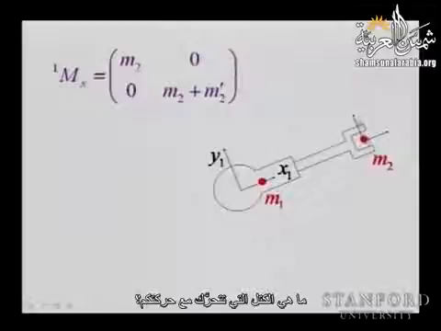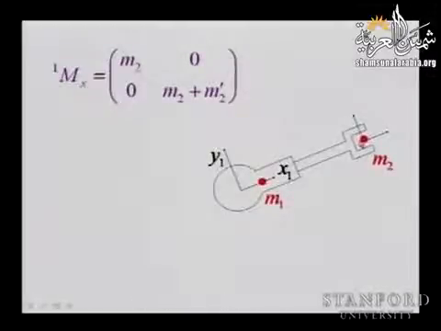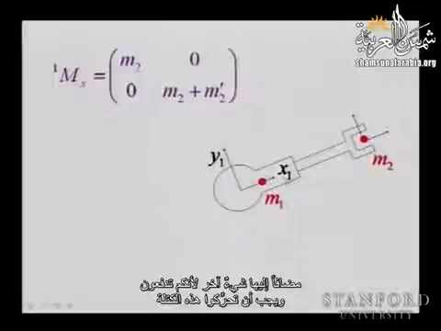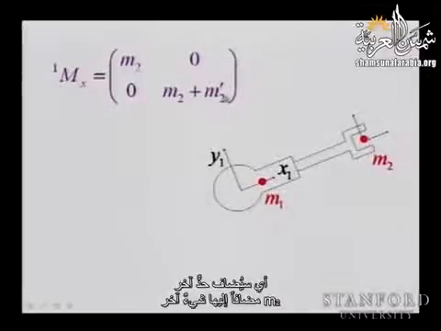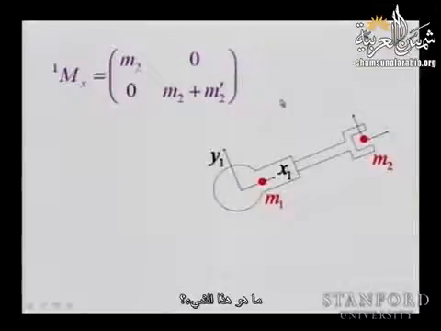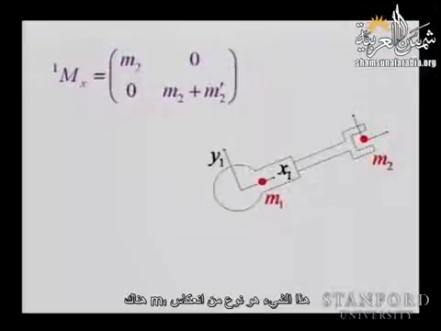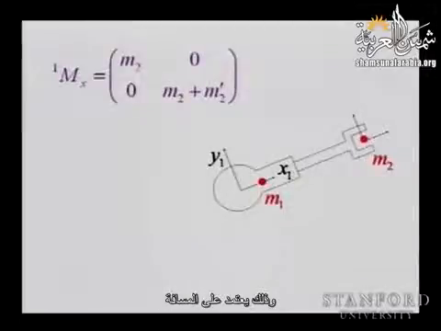What masses are moving with you? M2 plus something else, because you are pulling, you have to move this. So you get another term, M2 plus something. What is this something? This something is sort of this M1 reflected there. And that depends on the distance.